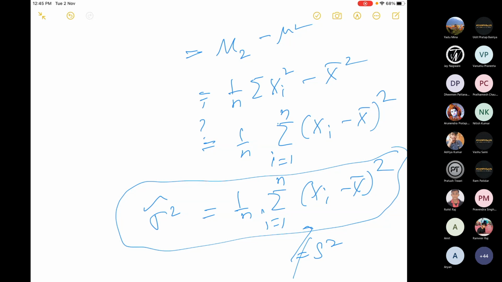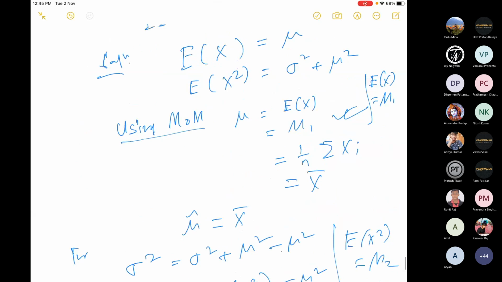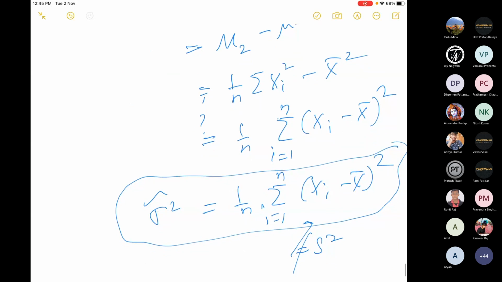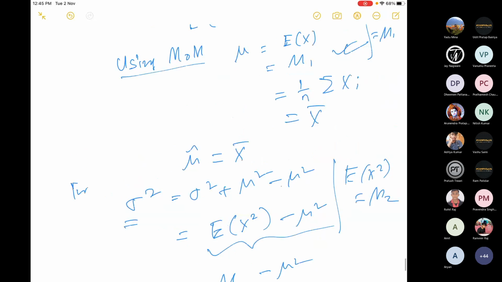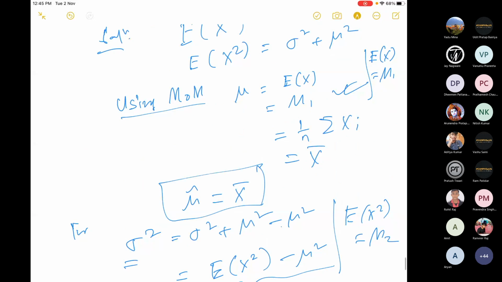Here I have 1 by n, not 1 by n minus 1. So for sigma square, the second parameter for normal, this is the estimator. And the sample mean is itself the estimator for the mean.